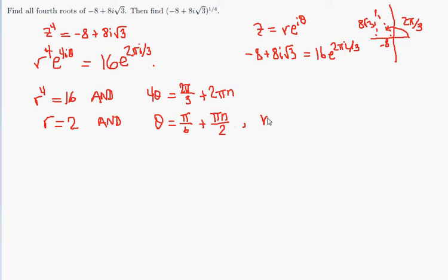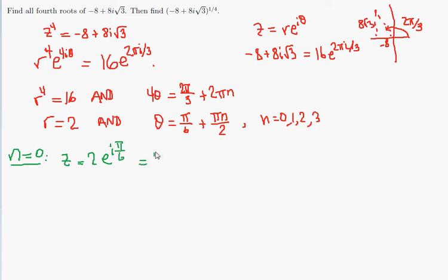And we will let n be equal to 0, 1, 2, and 3 when doing this computation. So first off, n equals 0. This gives that z is equal to 2 times e to the i pi over 6.